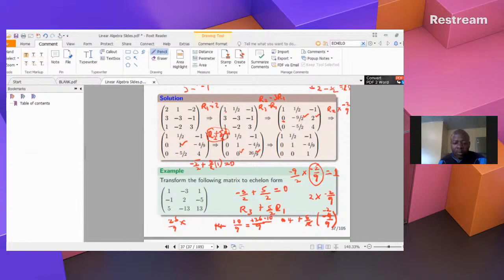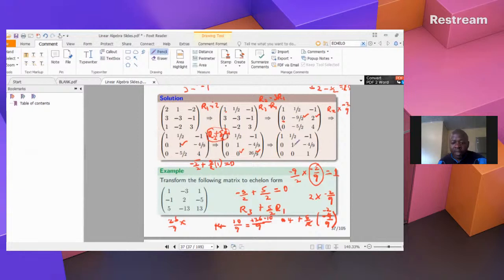Now, let me look at another different example. So this matrix is now in echelon form. What we're doing is we create a leading entry here and use this leading entry to create zeros below it. We come to the second row, identify the leading entry and make it 1.